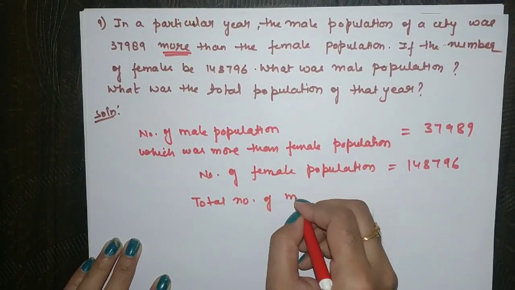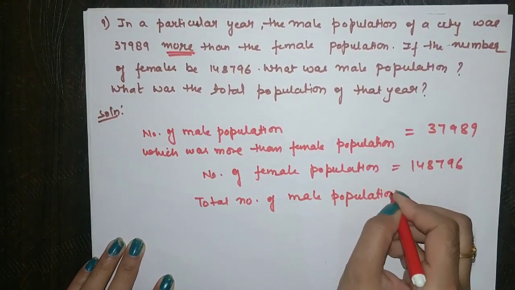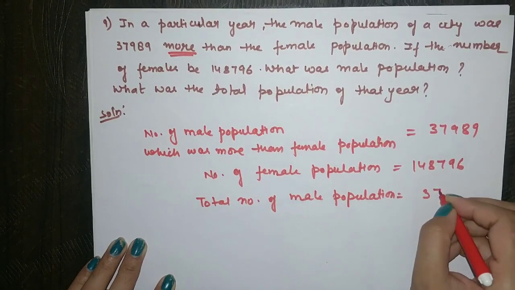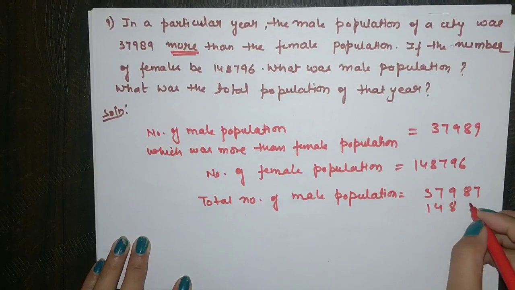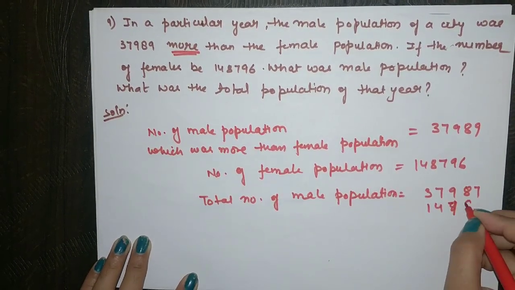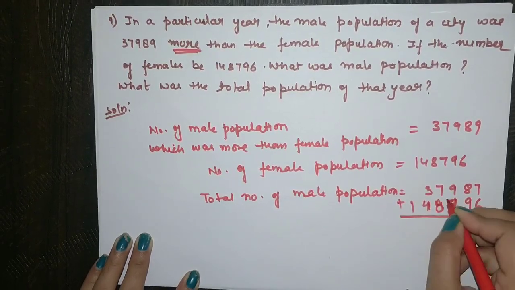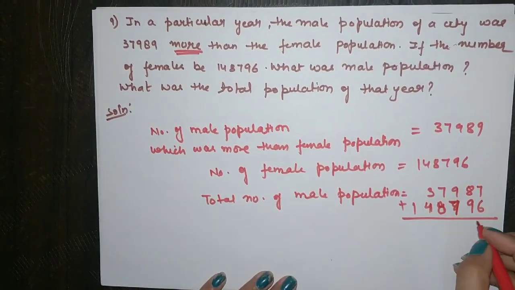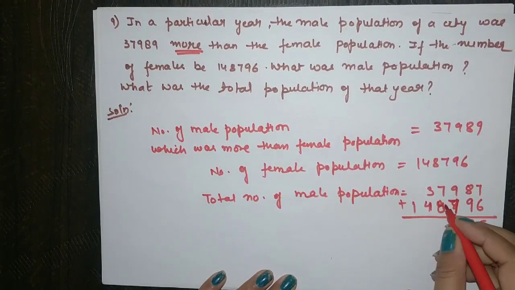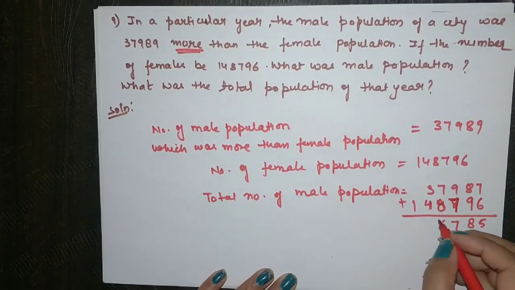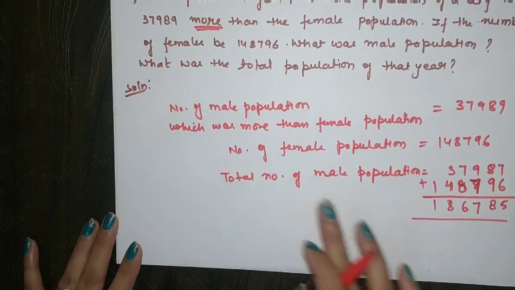Total number of male population: how much will it come to? By adding these two populations, the sum is 186,785. This was the total number of male population.